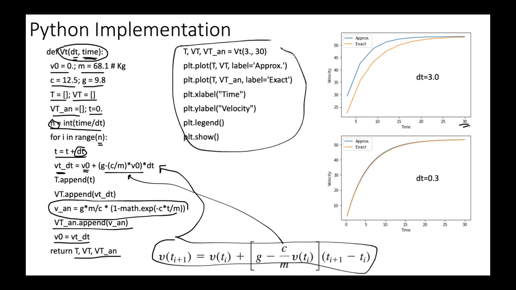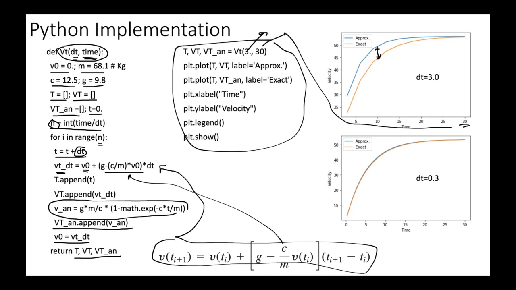Okay, I call the function vt by passing a time step of 3 seconds, and I do this for 30 seconds. So this is 30 seconds here. And if you do the plot, you will see that there's some difference between the approximation and the exact solution, this difference.